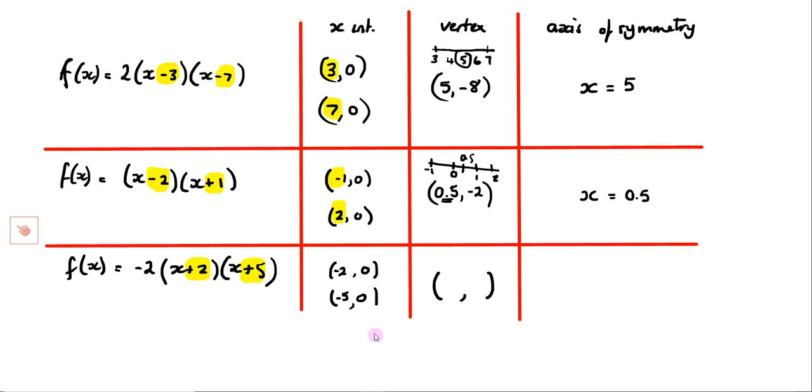So what we're looking for then is what's in the middle of negative 2 and negative 5. Negative 3, negative 4, negative 5. So what's right in the middle? Negative 3.5.